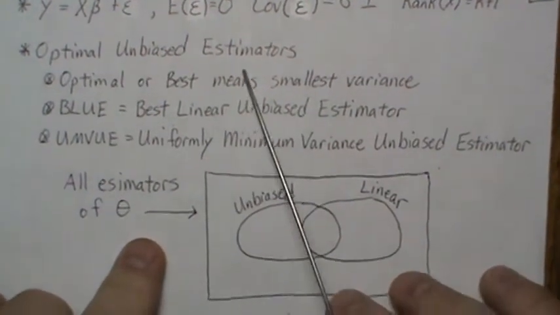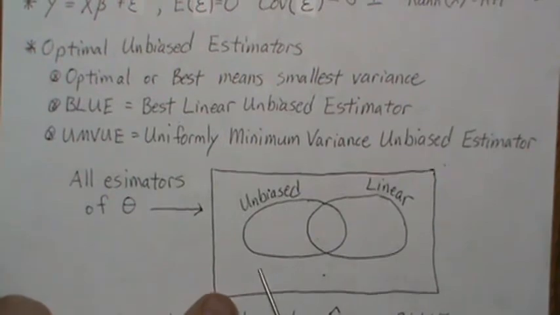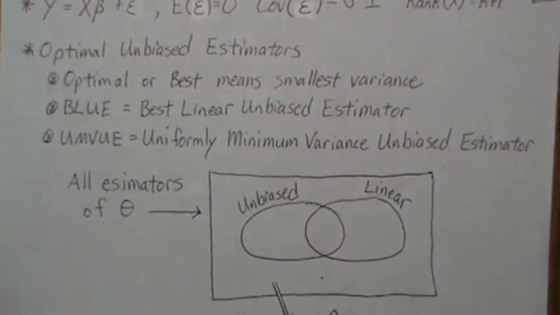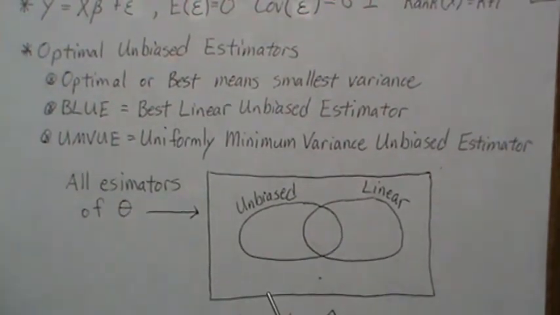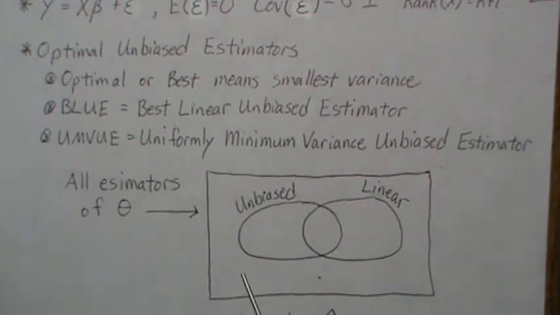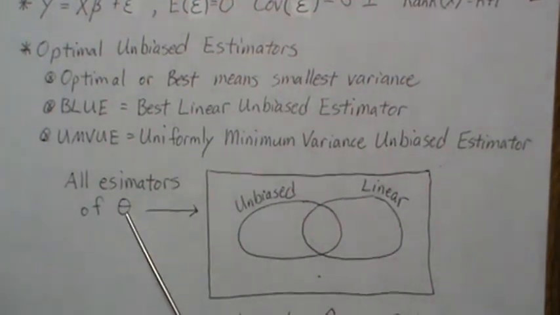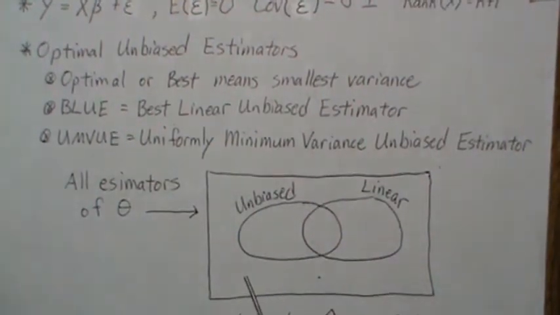Now if we just want to find the one with the smallest variance, it's actually a silly criterion, and here's why. Whatever theta is, we're going to estimate it with the value 10. And what's the variance of a constant? 0.